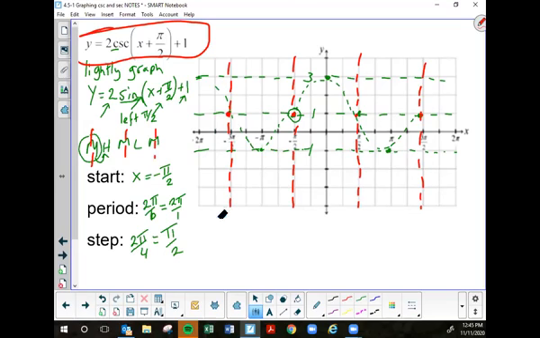Ooh, and those are x values. This is x equals negative π/2. This one is x equals positive π/2. And this one is x equals 3π/2. Okay. So see if you can turn that one into cosecant for me.